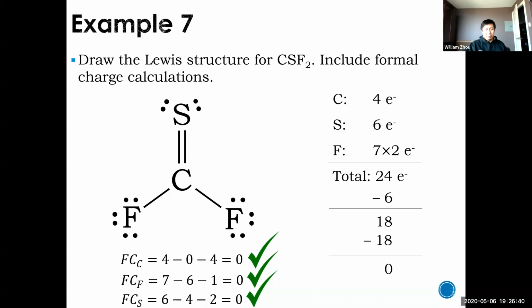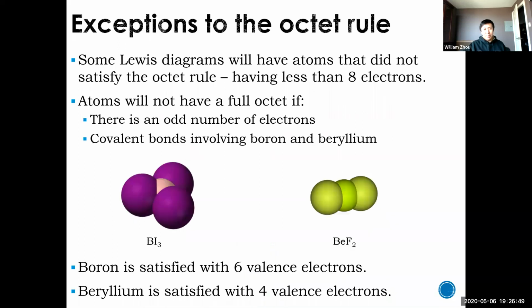Now, up to now, everything has been very normal. There are no exceptions to the rules. But in real life, some atoms can exhibit exceptions. Some Lewis diagrams don't have to satisfy the octet rule.